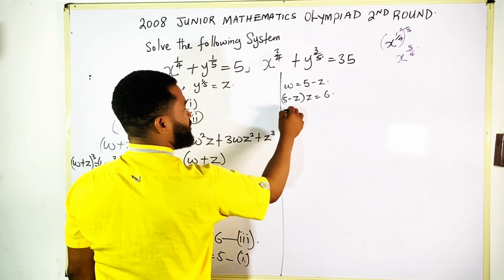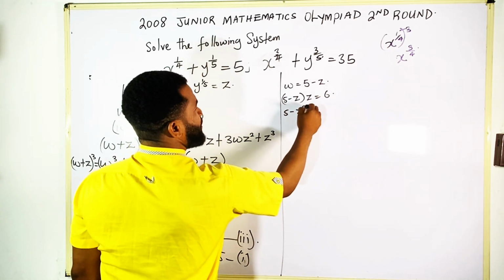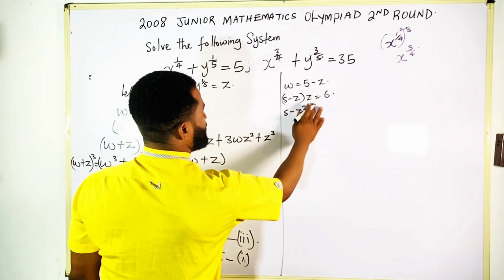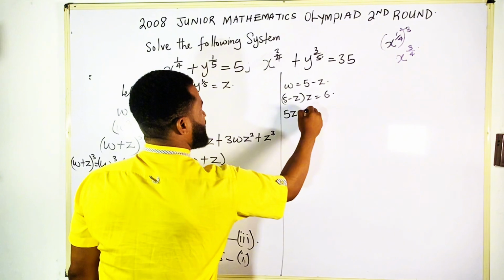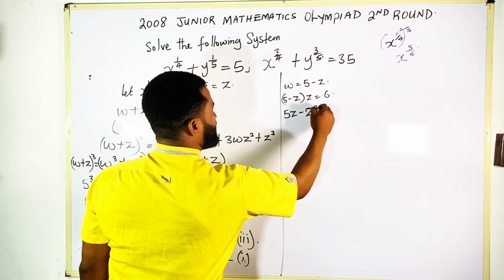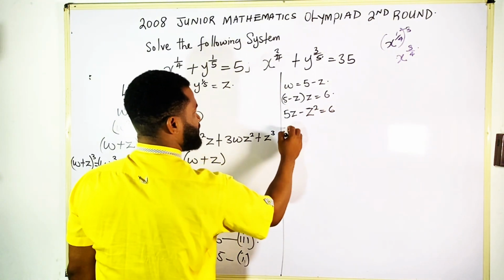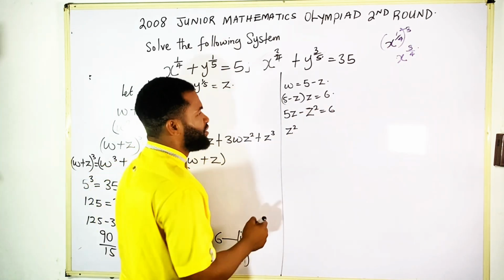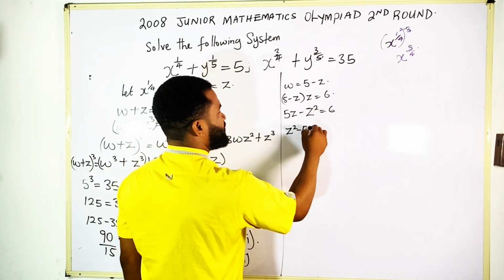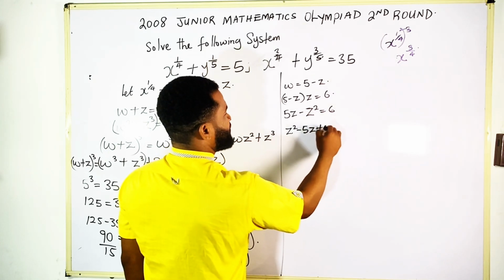This is going to be 5z minus z squared equal to 6. I'm taking z squared to this side, and minus 5z, then plus 6 equal to 0.